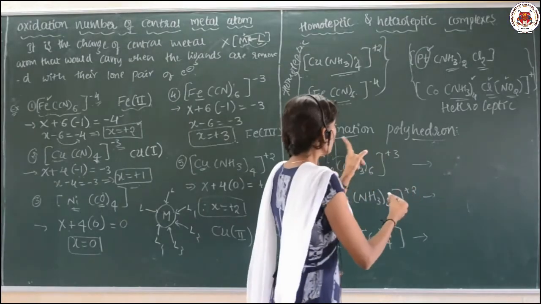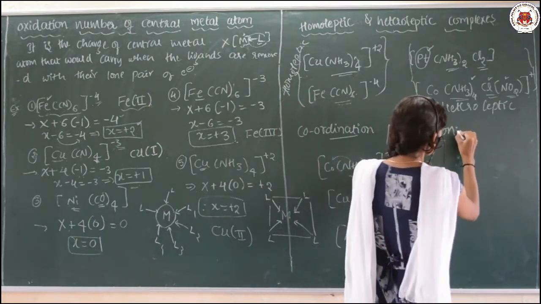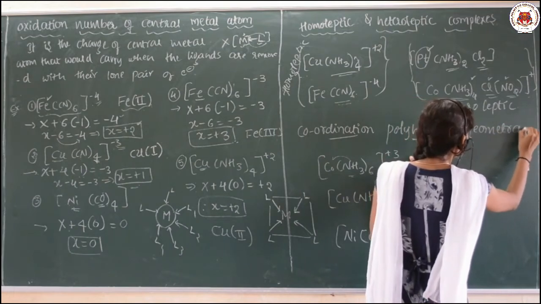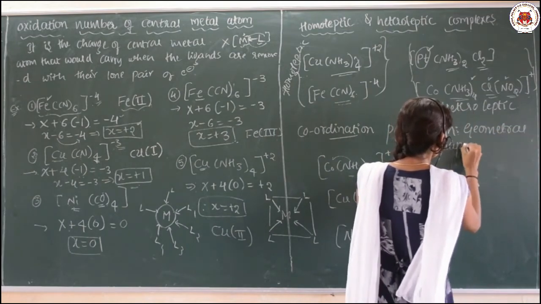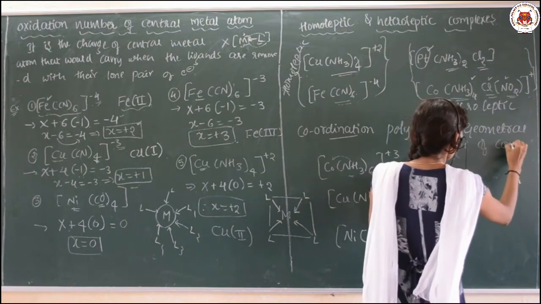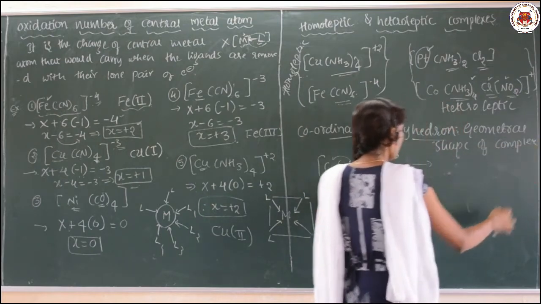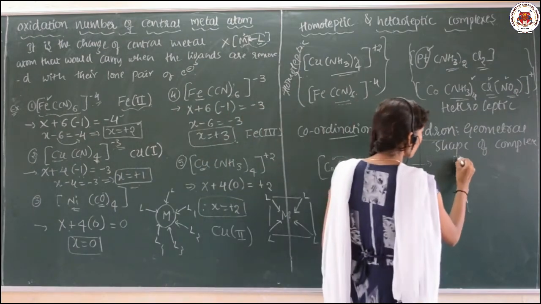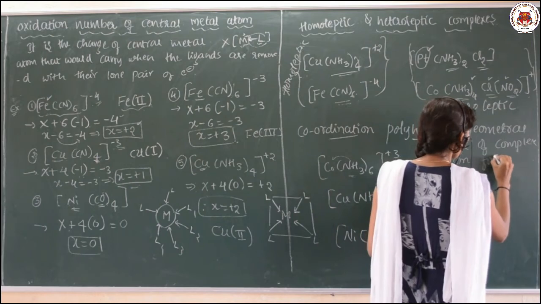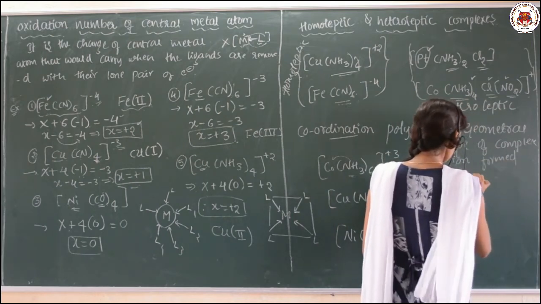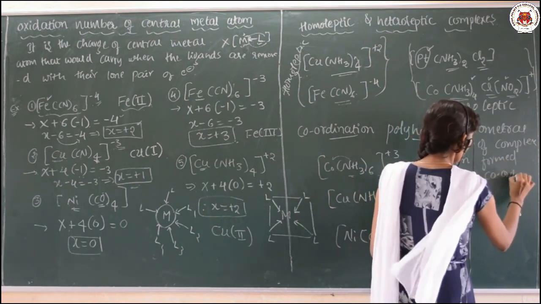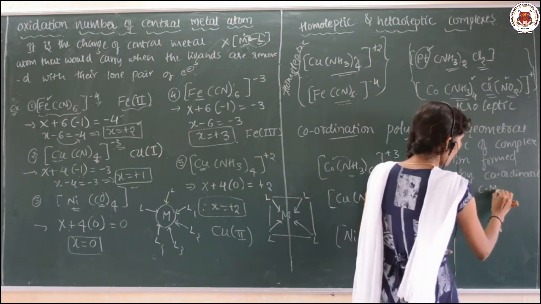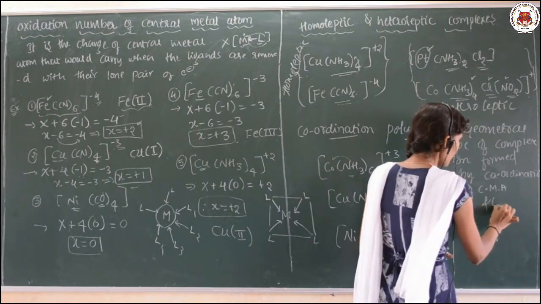So here the coordination polyhedron, its definition is: geometrical shape of the complex ion formed by coordination of the central metal atom and ligand.